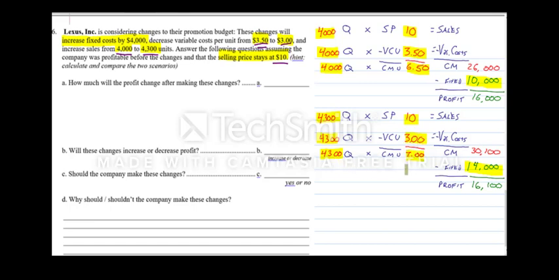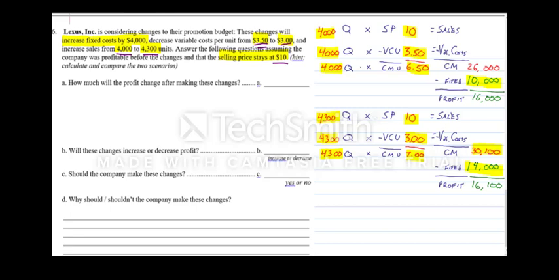Take the 4,300 times the 7, you get a contribution margin of $30,100. If you subtract out a fixed cost that's $4,000 more than the first, so ours would have to be $14,000, you end up with profit of $16,100.